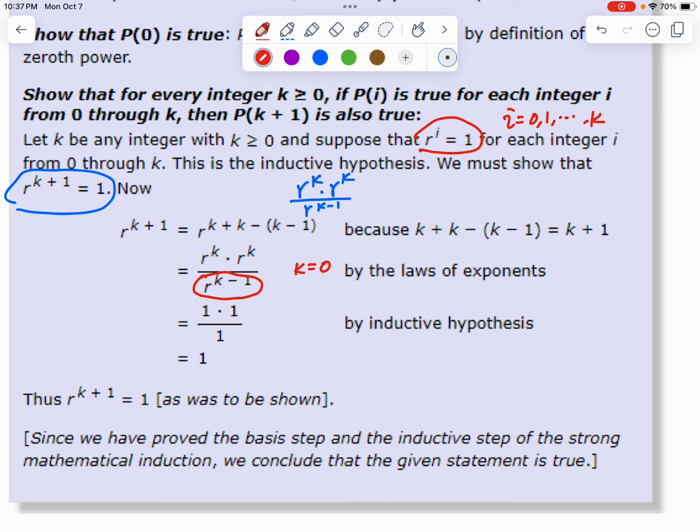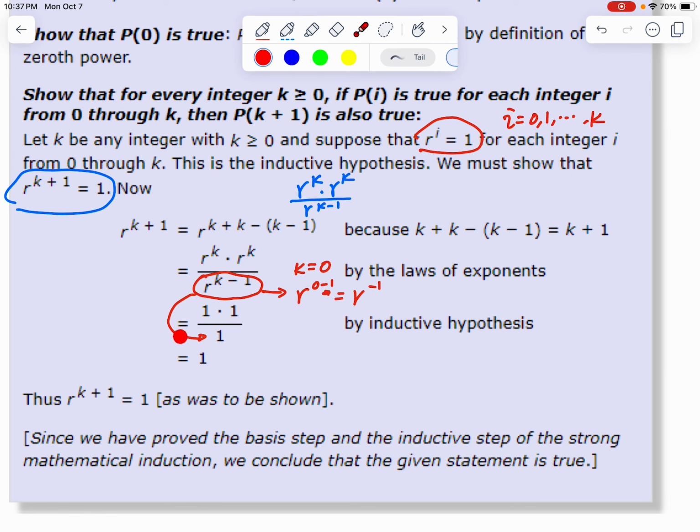Then in this case, this will be r to the 0 minus 1. And in the next step, the proof assumes that r to the, sorry, r to the 0 minus 1, which is r to the negative 1.